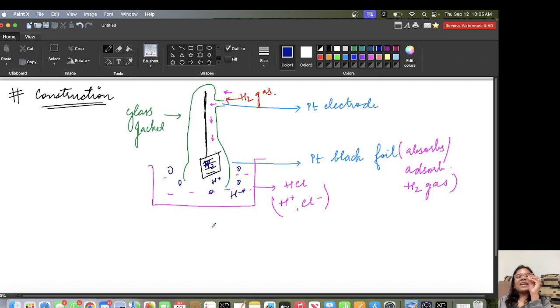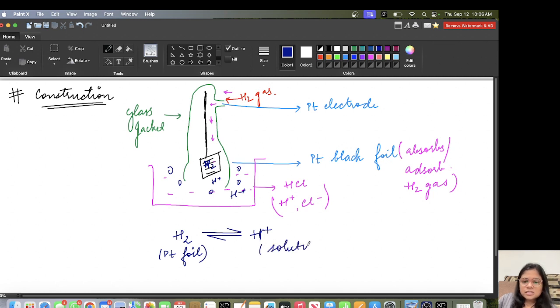So there will exist an equilibrium, which we'll study in the chemical equilibrium topic, between H2 gas and H plus ions. The H2 gas is in the platinum foil and the H plus ions are in the solution. This is how your SHE electrode looks.